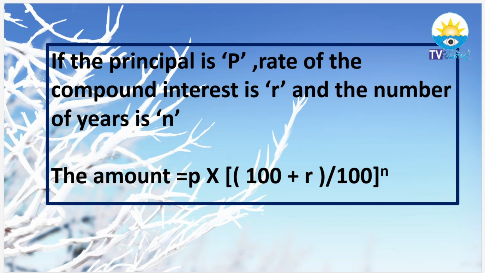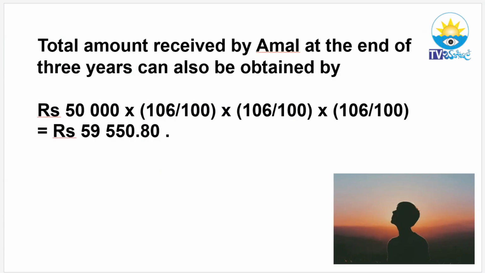What is the reason for this index form? As you learnt in your previous lessons on indices, if a number is multiplied by itself any number of times, we call that index form. You can see we have multiplied 106 over 100 by itself 3 times in this question, because the number of years is 3.